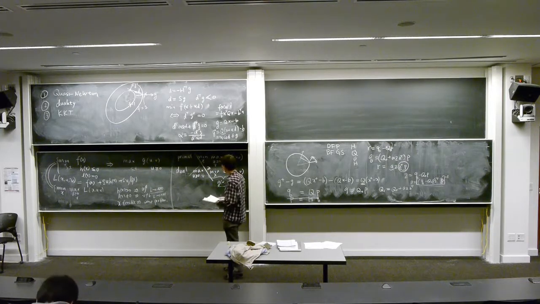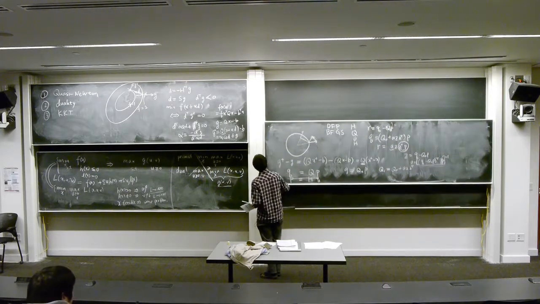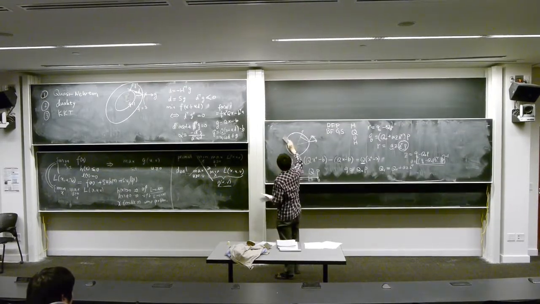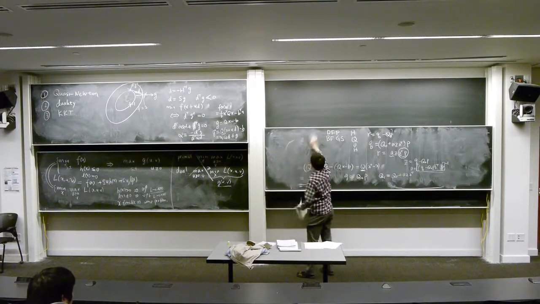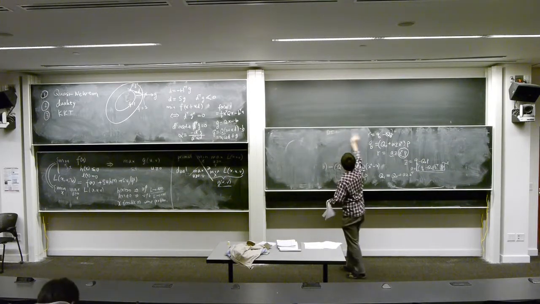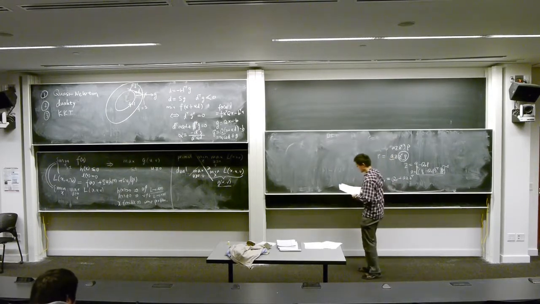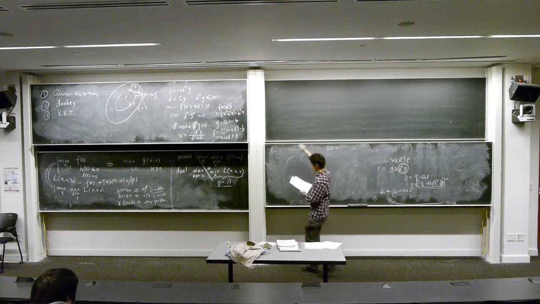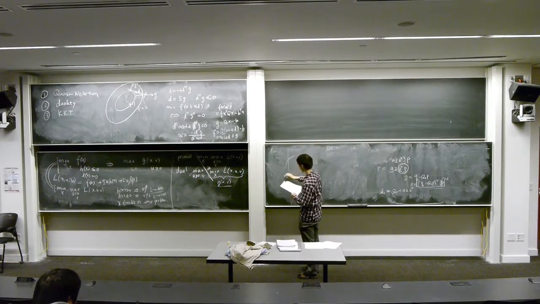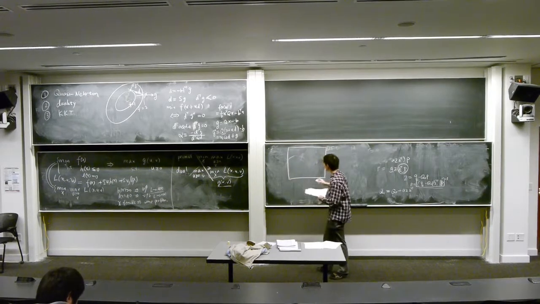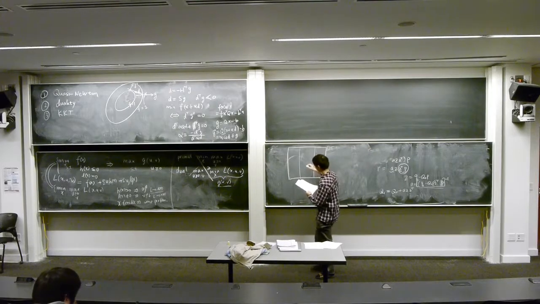So for example, this example was talked about in class. Oh, here's the eraser. Nice. And this is the example we had in class. So suppose this is my primal coordinate, and I have a function that looks like this.